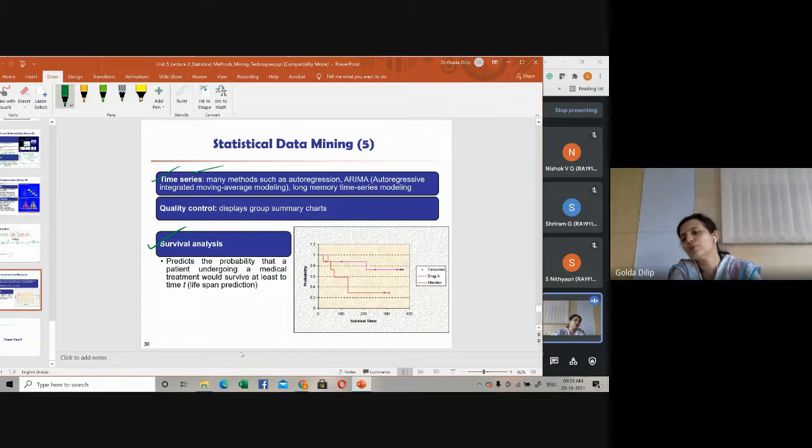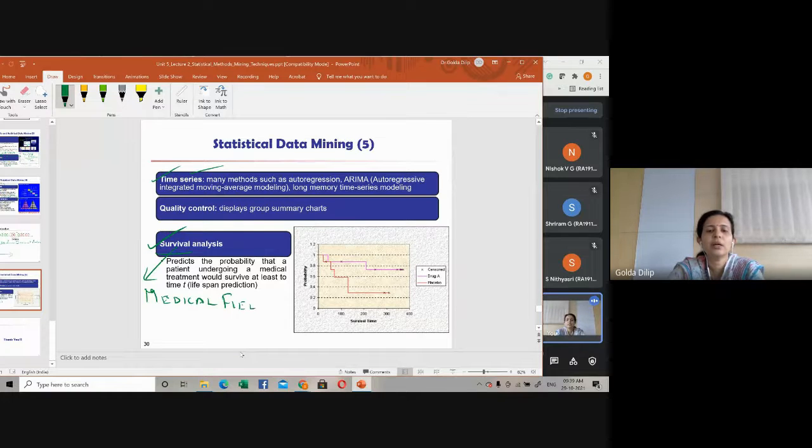Now let's look into what survival analysis is all about. Heard about survival analysis? It's a terminology which is often associated with the medical field. See, medical treatment.